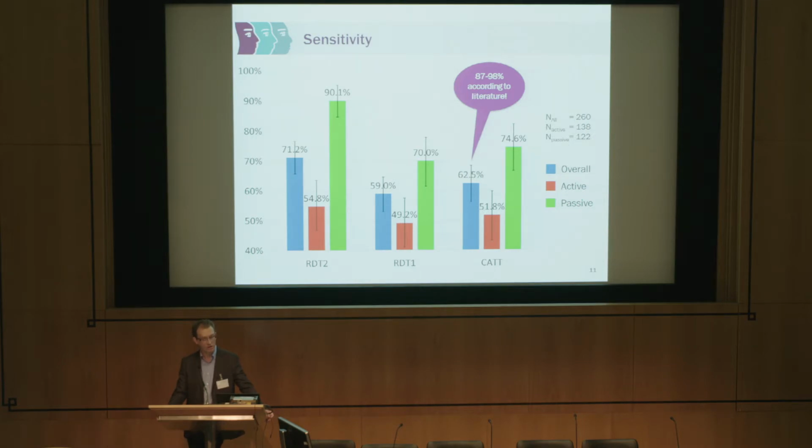In particular, the CAT test, according to the literature, has been reported to be somewhere between 87 and 98% sensitive, and here we found only 62.5% sensitivity, so really significantly lower sensitivity. The same for RDT1, which in a previous study was much higher.